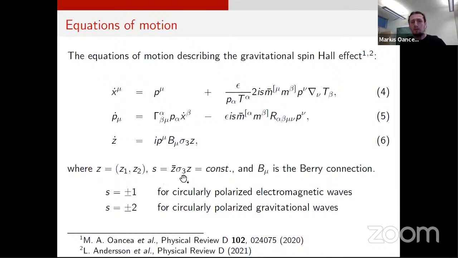And we also have a constant of motion here, S, which is basically the helicity of the wave that we are considering. So we have S equal plus or minus 1 for circularly polarized electromagnetic waves, and S equal plus or minus 2 for circularly polarized gravitational waves.